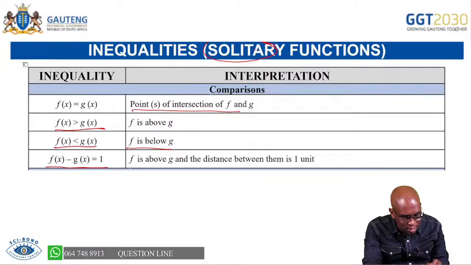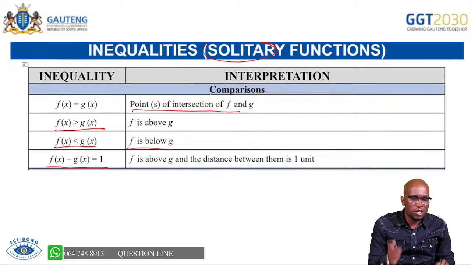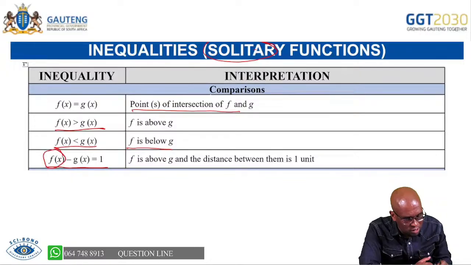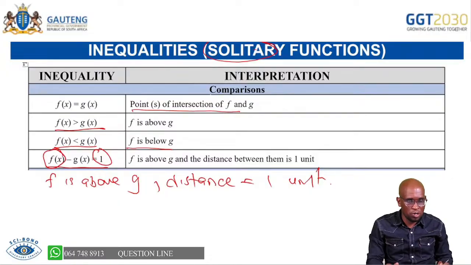We are looking at a region now where f is above g, and the distance between f and g is 1 unit. So f, because it comes first, is above g, and then the one here says distance is equal to 1 unit. So that's what you're going to be looking at.